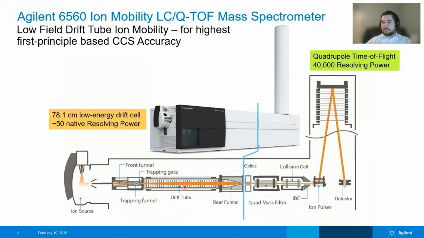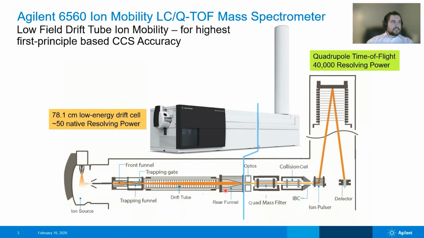For those who aren't familiar with Agilent's ion mobility system, it's called the 6560. It's a drift tube, full DC. There's no RF confinement in the drift tube. Essentially, it's ion mobility on the front and a QTOF on the back.